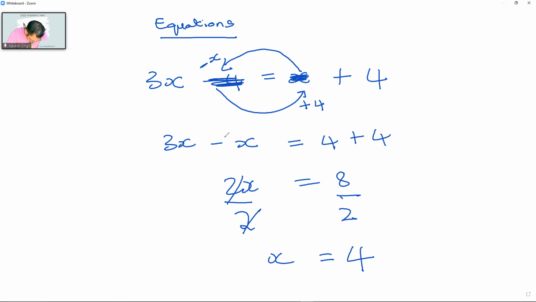Isn't it supposed to be -5? Say that again. Looking at the first line, x take away -4? Isn't that supposed to be -5? Oh, you mean from the first line?